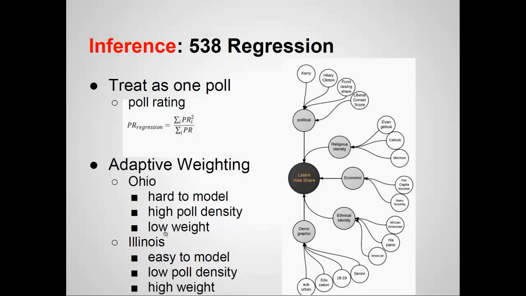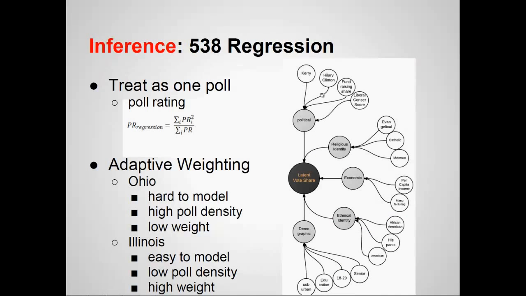Let's say we do another regression on Illinois. Well, Illinois is kind of easy to model, right? It's hard for Obama not to carry Illinois, which would be a shame. And I think everybody knows there are not a lot of polls around, so you don't actually get a lot of information on the vote share of Illinois, which then means your model will get a high weight, and it's accurate, so it's good news.